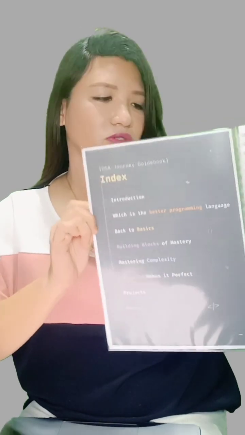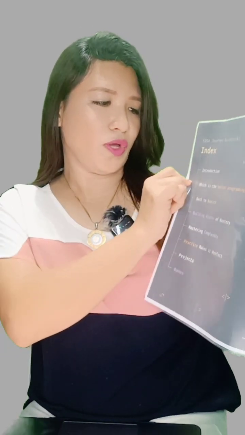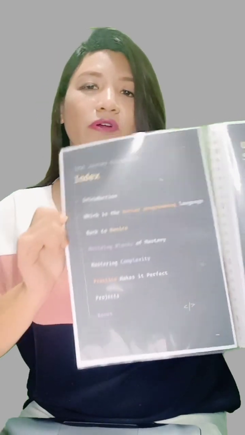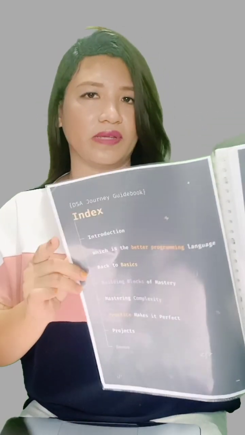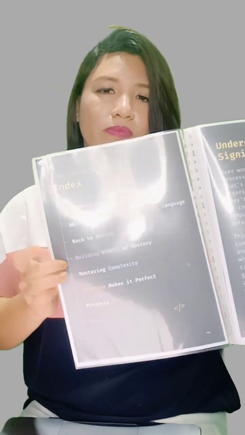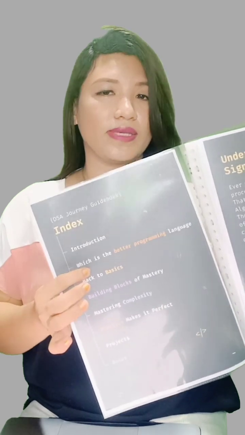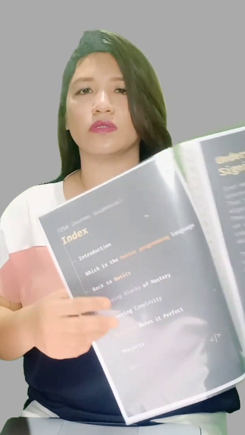So we have the introduction, basically an introduction to programming, which covers the better programming languages. We have a lot of programming languages that you might have seen in the past few videos I made. Back to basics will talk about the basics of computer programming, because data structures and algorithms are the building blocks of computer science.